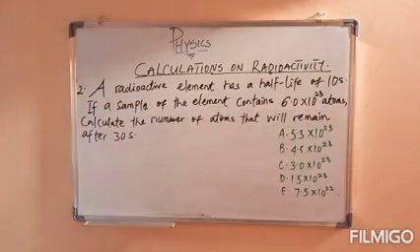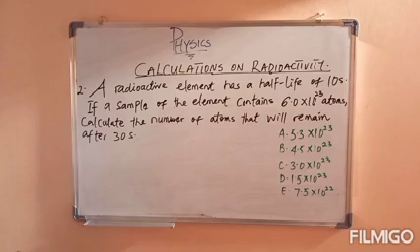Number 2, with the options. I want to highlight something, that's why I put the option there. This is a NECO question. The question says a radioactive element has a half-life of 10 seconds. If a sample of the element contains 6.0 times 10 raised to power 23 atoms, calculate the number of atoms that will remain after 30 seconds.